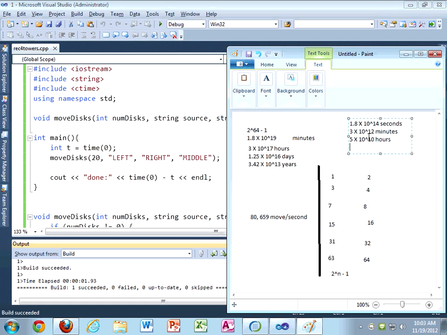That's hours. So divide by 24. 2.08 times 10 to the 9. That's days. And one more. Divide by 365. 5.7 times 10 to the 6.